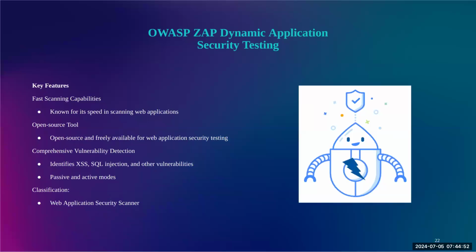As we move on to the dynamic application security testing, as I mentioned earlier, we used OWASP ZAP, the Zed Attack Proxy application, which is a web application security scanner that identifies threats such as cross-site scripting or SQL injection. It has several different modes, passive and active, that allowed us to identify a few vulnerabilities.